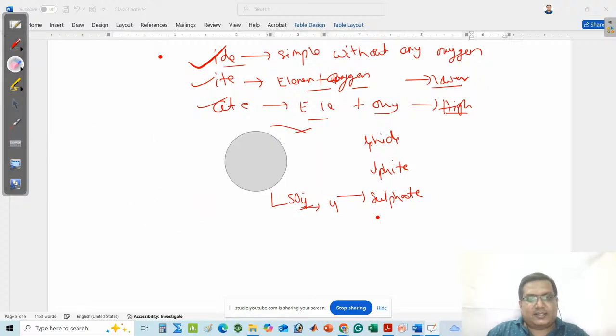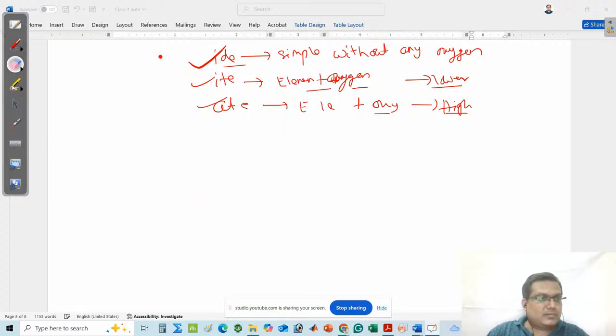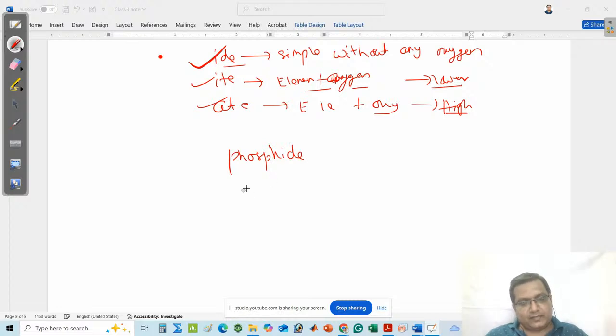Take another example. Suppose I want to give one is the phosphide that belongs to ide, another is your phosphate. Next, suppose I will give you phosphite.